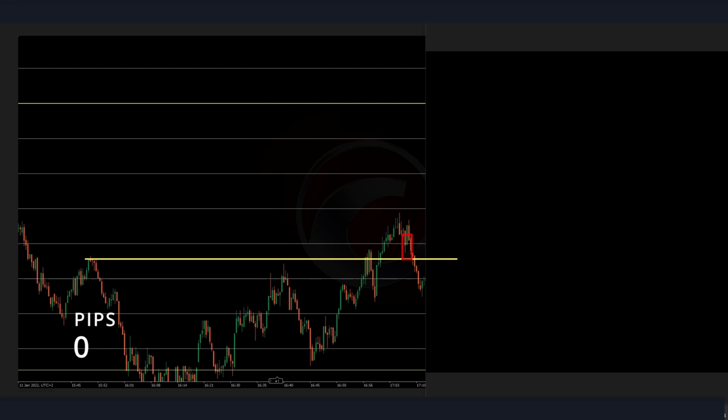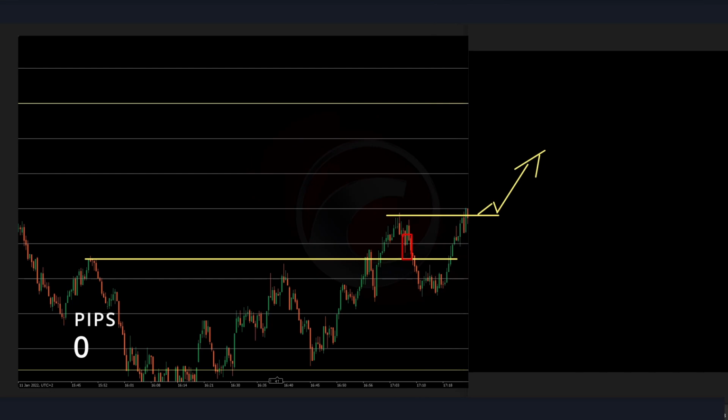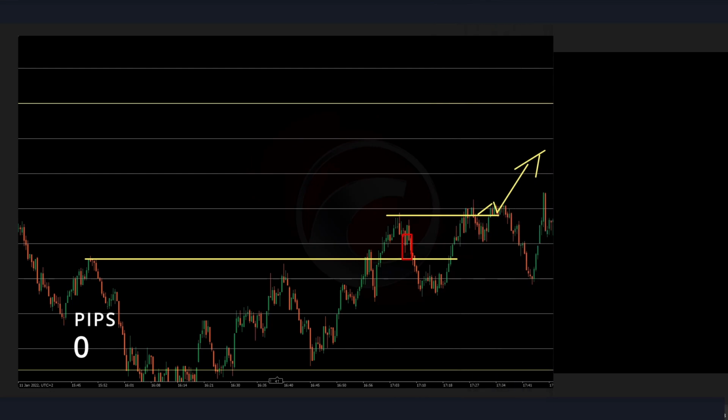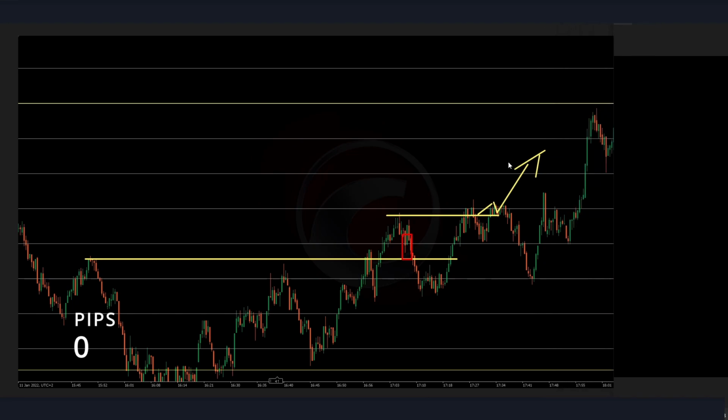Let's see if we have any further. Okay, not much volume. It's only later on that the price would actually break and stay above that level, basically at London close.